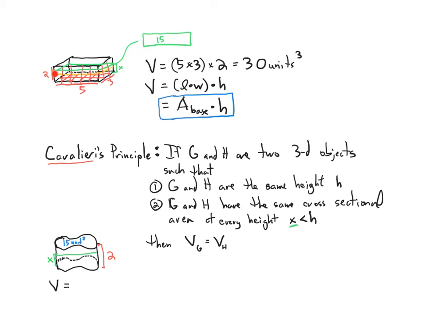I just cut a rectangle out of this. And same here. If I cut this at height x, I'm going to just sketch this, but it's going to look something like that. And again, this is just a little sketch, so it might not be totally accurate. That cross-section is the exact same as the bases here. That's going to have an area of 15, no matter where I cut it, since it's a prism-like object.